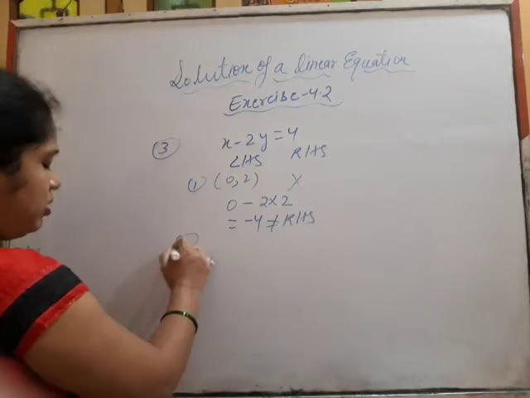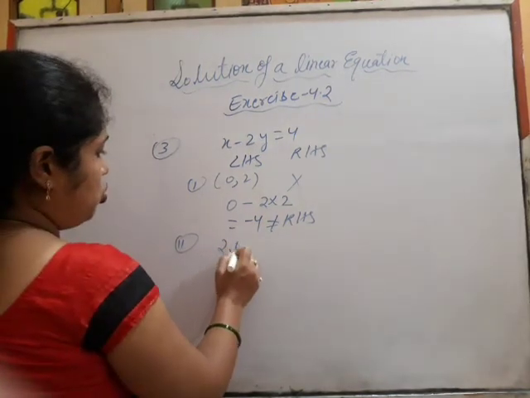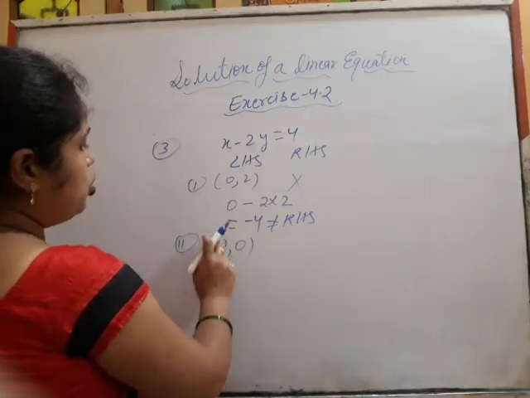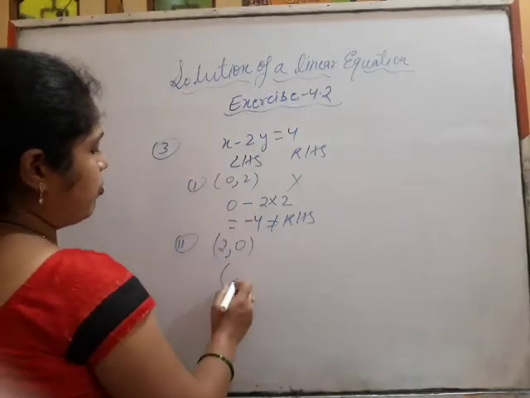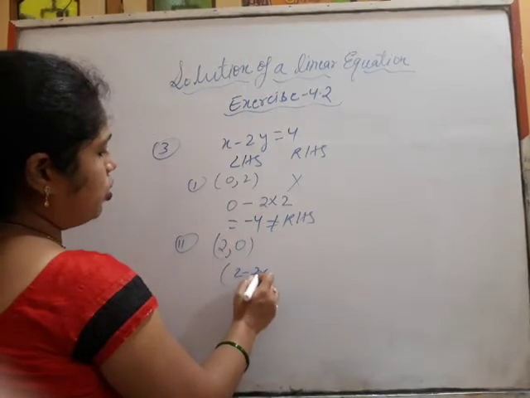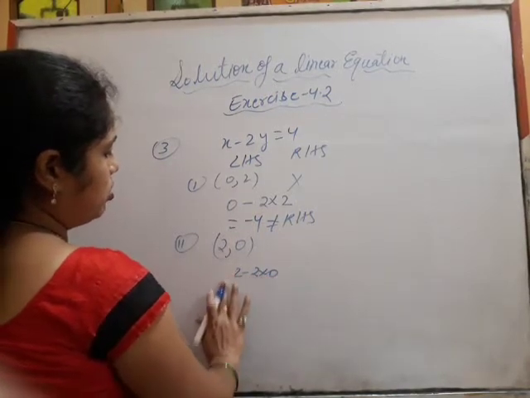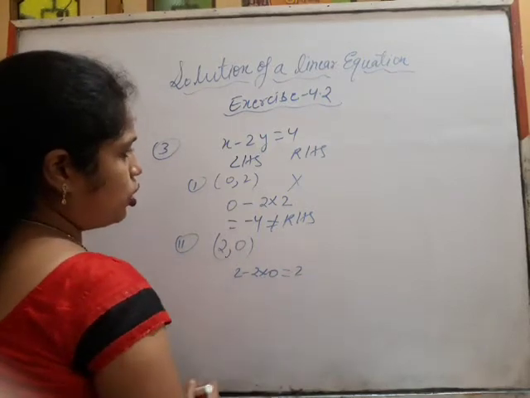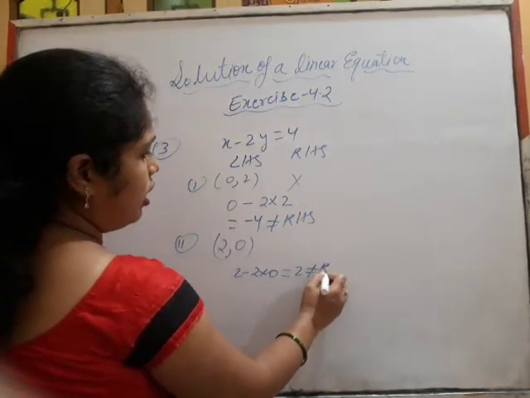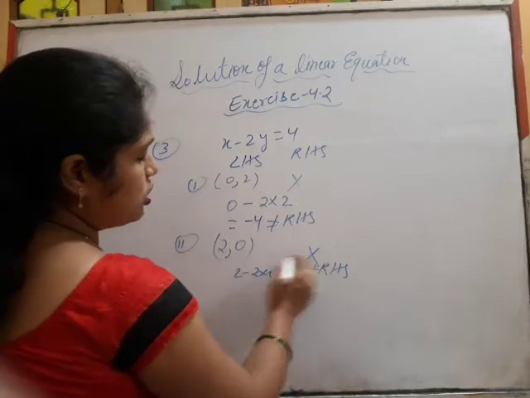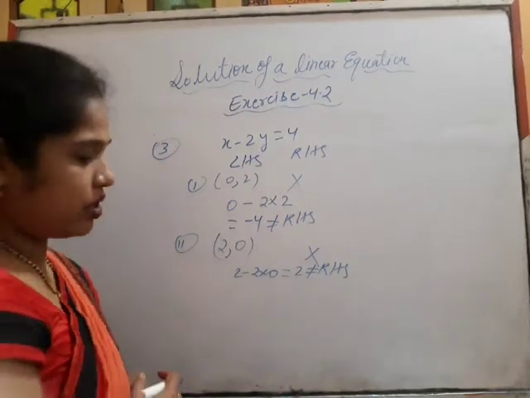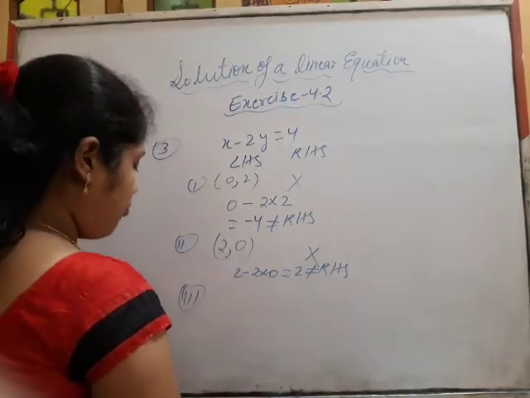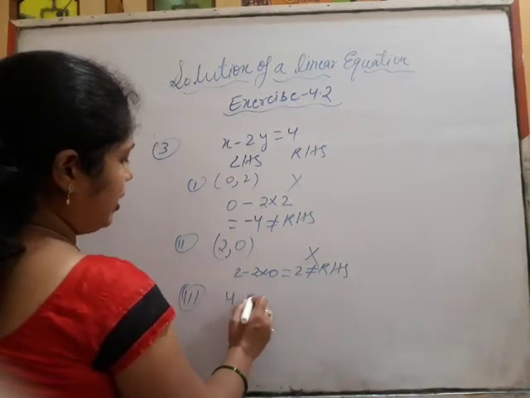Now the second one, 2 and 0. 2 in place of x and 0 in place of y. 2 minus 2 into 0 is equal to 2, which is again not equal to RHS. So this is also not a solution. Now part three, 4 and 0.